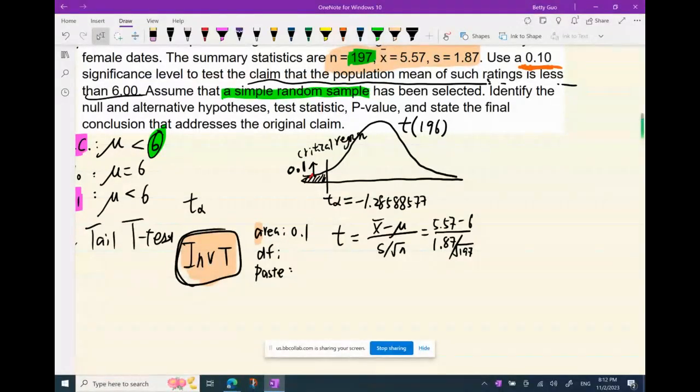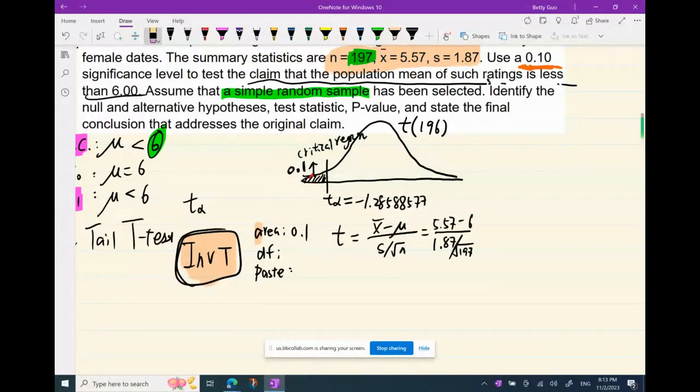All right, so on my calculator, this is what I do. Let's go to the main screen of the calculator. I enter 5.57 minus 6, enter.